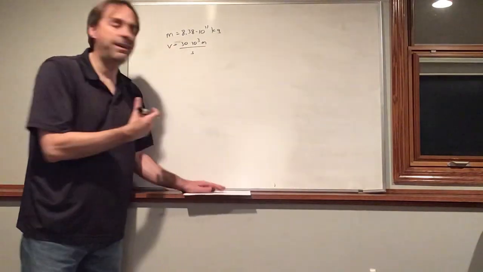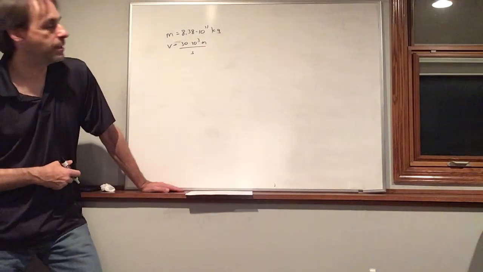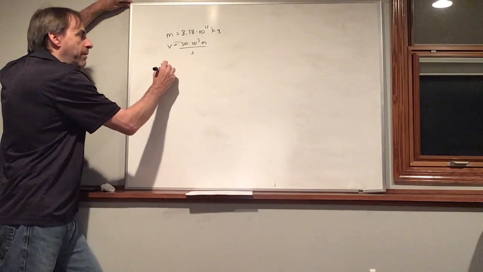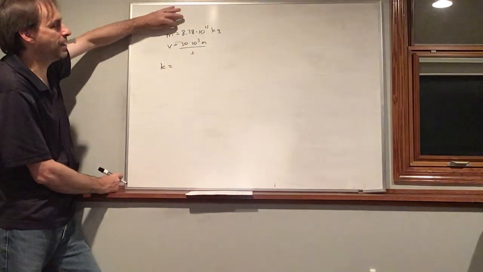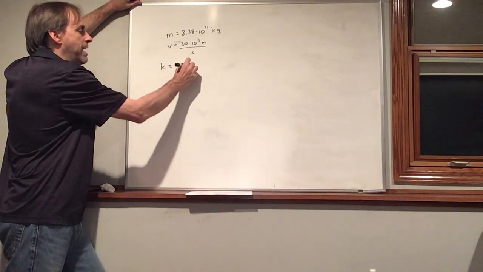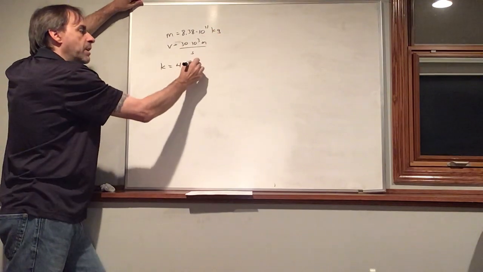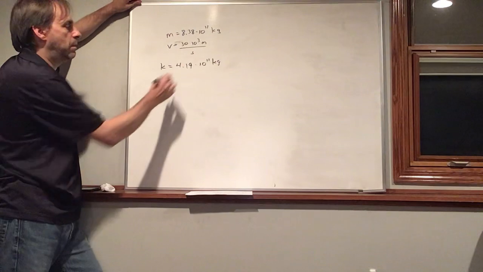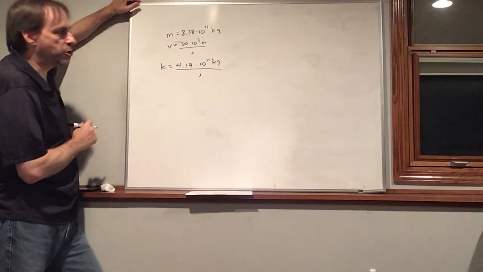And we want to know the kinetic energy of this comet. So let's just start out. We have 1/2 times the mass. So actually, this would be 4.19 if we just do m over 2, times 10 to the 11. So m over 2.